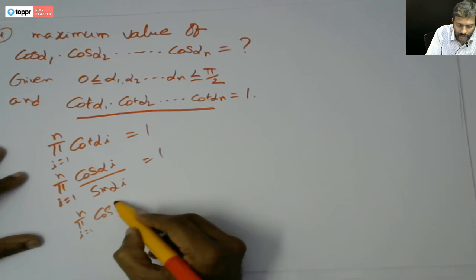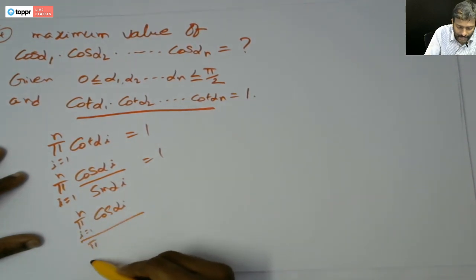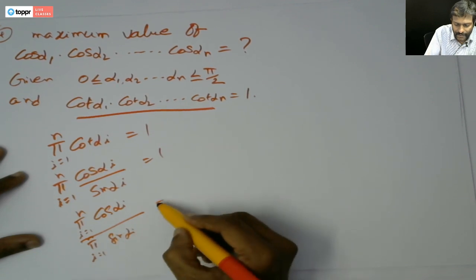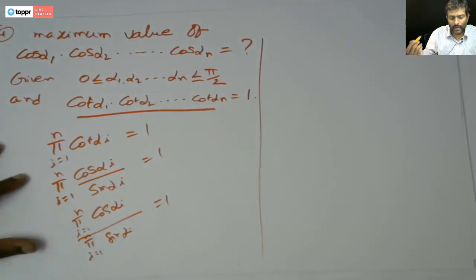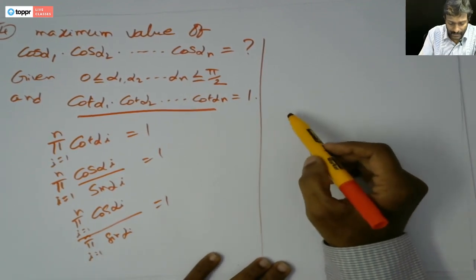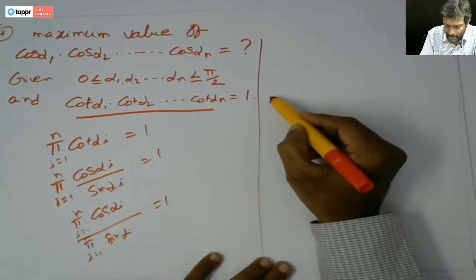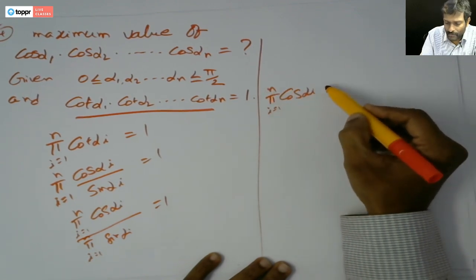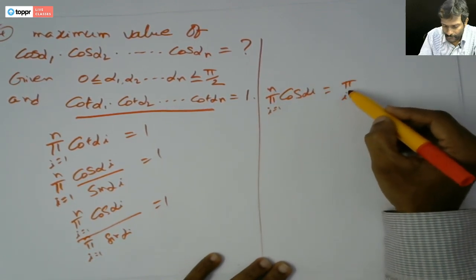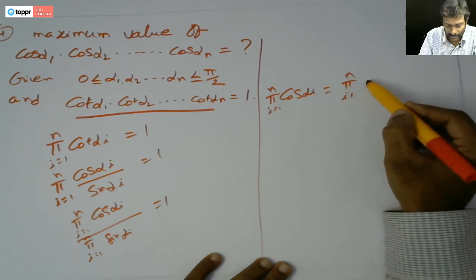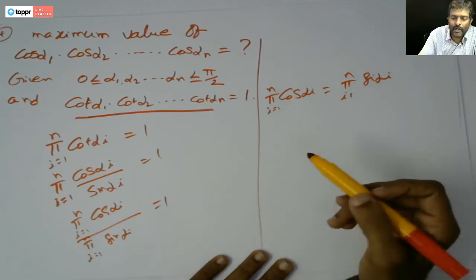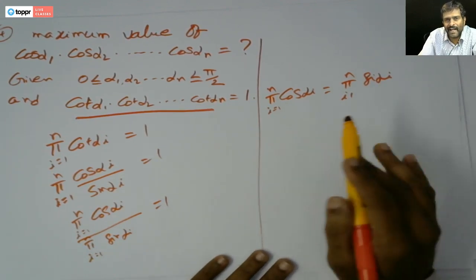If I cross multiply, the product of these cos terms will be equal to the product of these sine terms, right? And what if I multiply with cos alpha I on both sides?